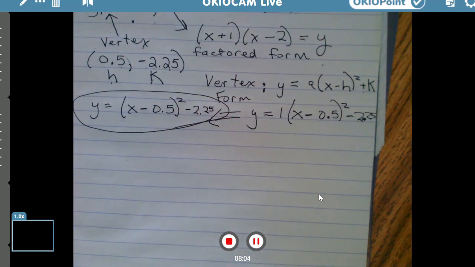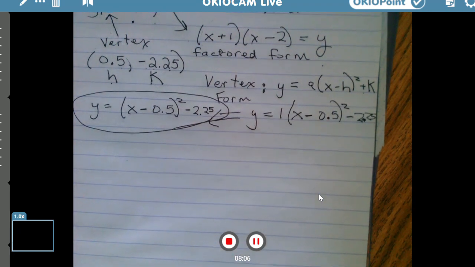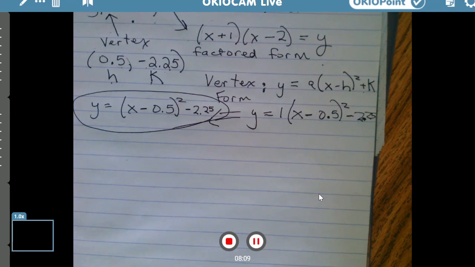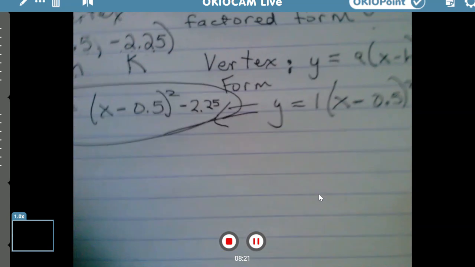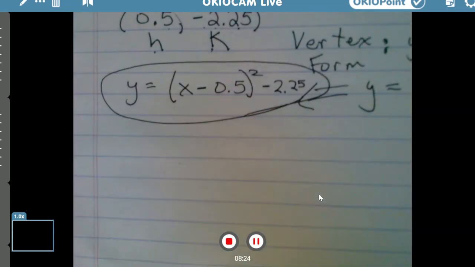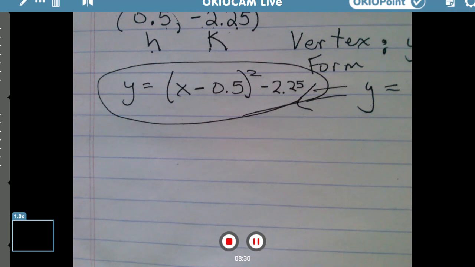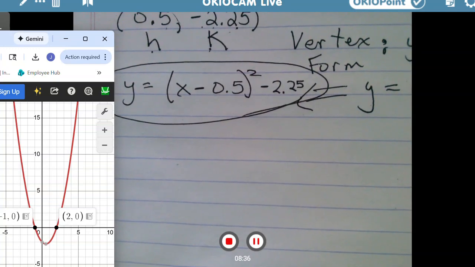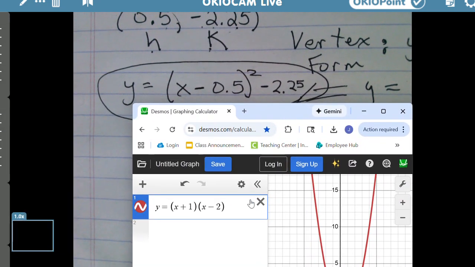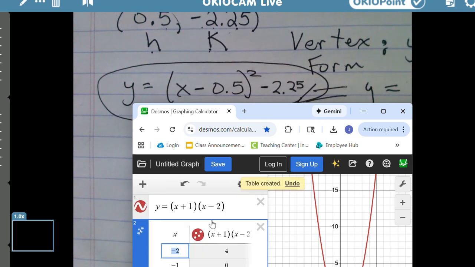Now, if you need to get that into standard form, we use Desmos graphing calculator and we add the line of regression. And the line of regression is not a quartic, it is quadratic. So I'll take this graph and I'll click the settings button, add the table.